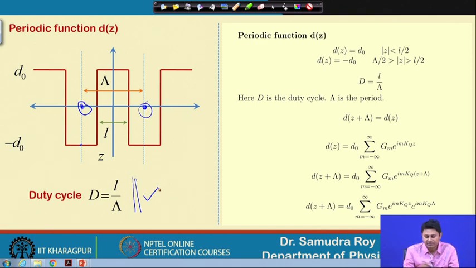So, the function is something which is shown here. D is equal to D 0 when mod of z is less than L by 2. So, this point is L by 2, this point is minus L by 2. So, from here to here the value of D is positive. When mod of z is greater than L by 2, but less than lambda by 2, we are basically considering from here to here, and here to here.